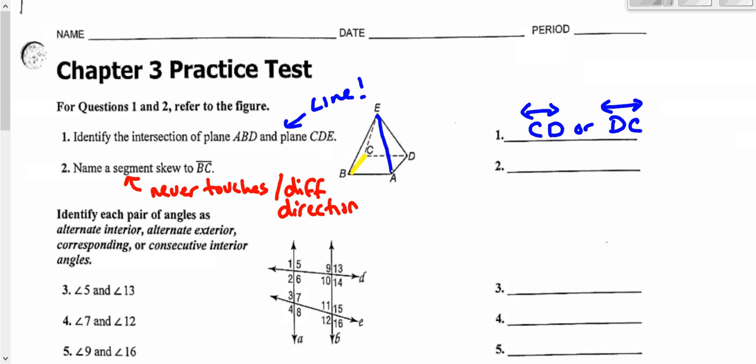So we're going to use this line EA, or you could say AE. Now, I'm going to go back and look at the question, and notice it said segment. So that means that I need to change my answer just slightly and write these as a segment. So I'll just put a little bar above those names.